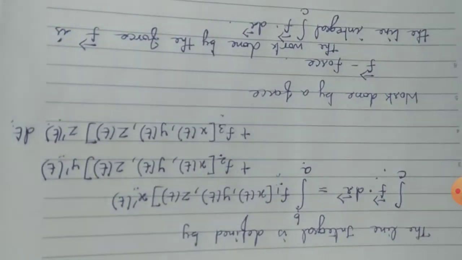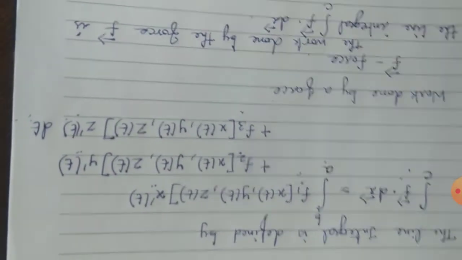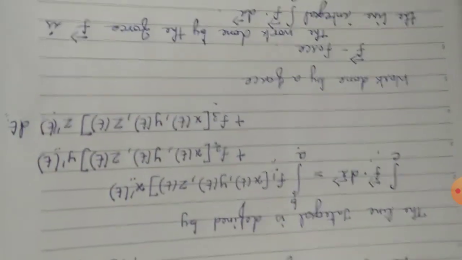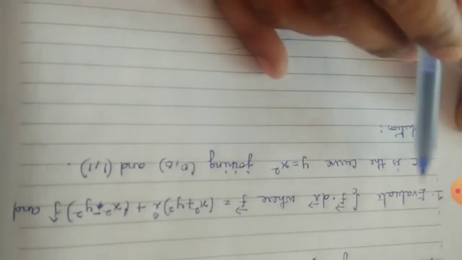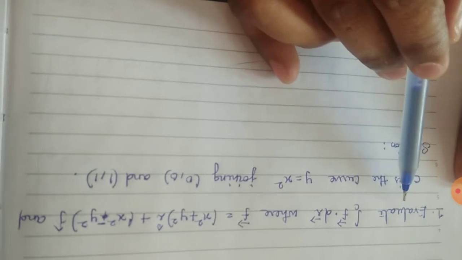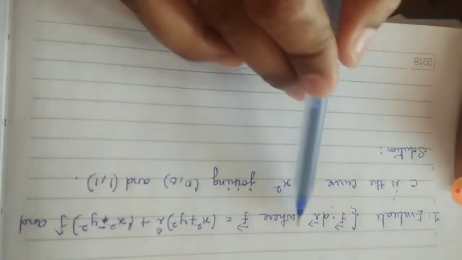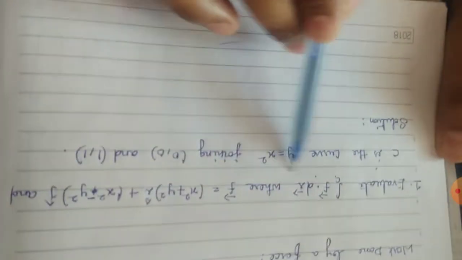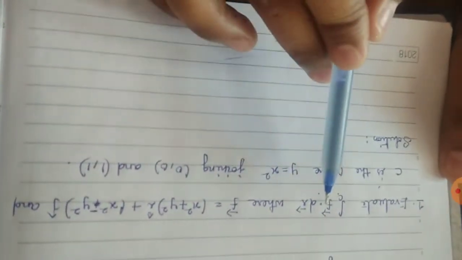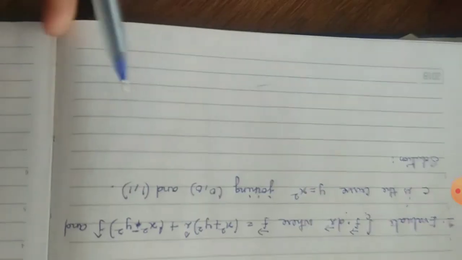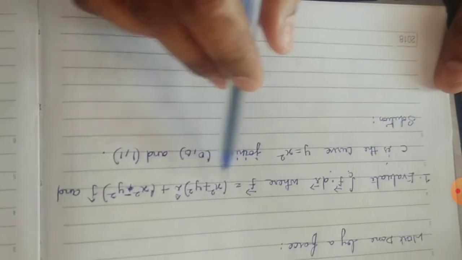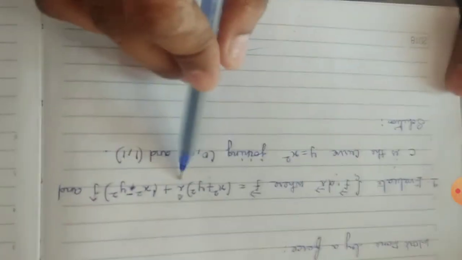So using this line integral definition, we are going to solve a problem now. Let's see the first problem. In this problem, they have given: evaluate the integral over C of f vector dot dr vector, where f vector is equal to x squared plus y squared i vector plus x squared minus y squared j vector.